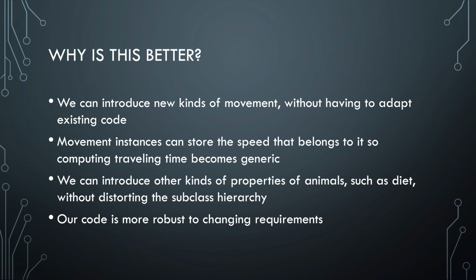If we introduce new kinds of movement, we don't have to change that class. We can store speed with each movement instance so that we can make computing traveling time generic. We can introduce all kinds of properties on animals without creating complex subclasses. Overall, the code is now more robust against changing requirements.